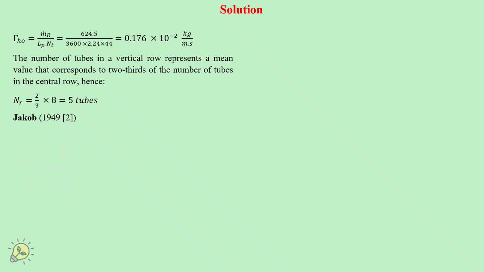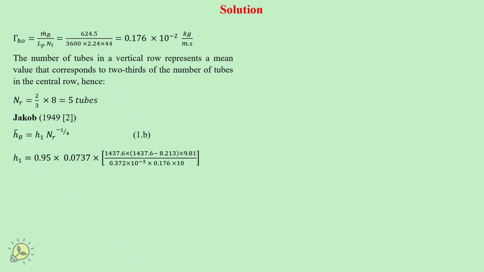Let us start with Jacob. The mean value of h equals h1 times N_R to the power minus quarter. We have h1, which means the heat transfer coefficient at the first tube at the top row.